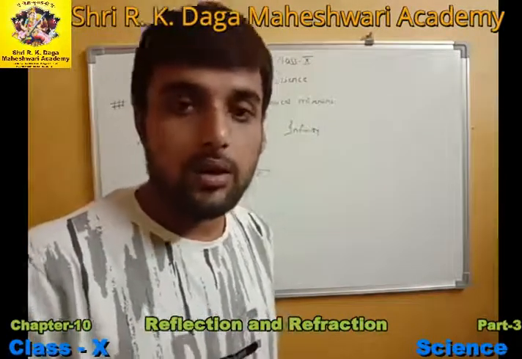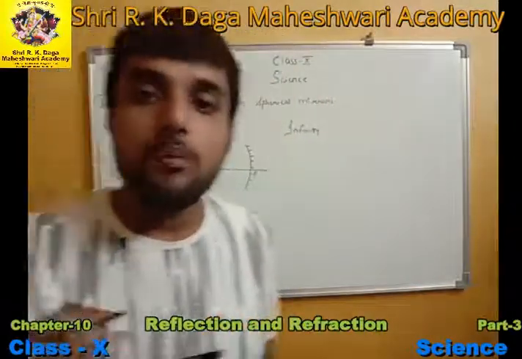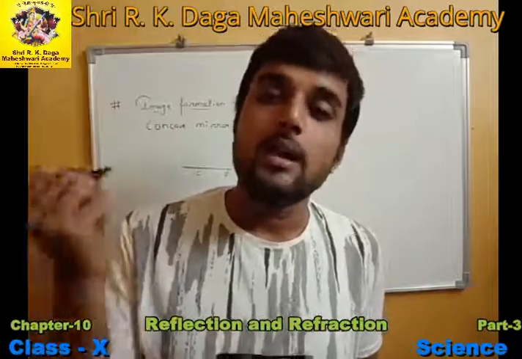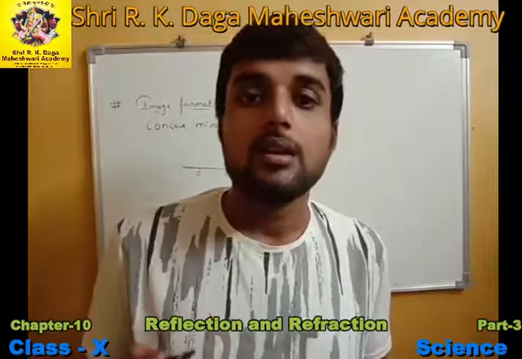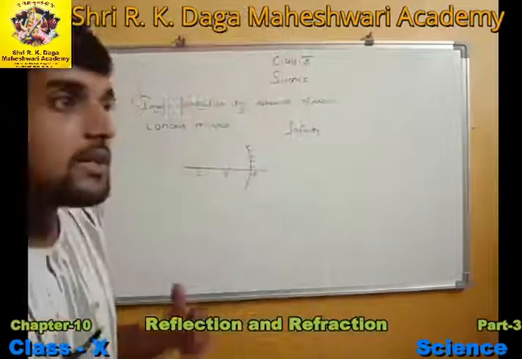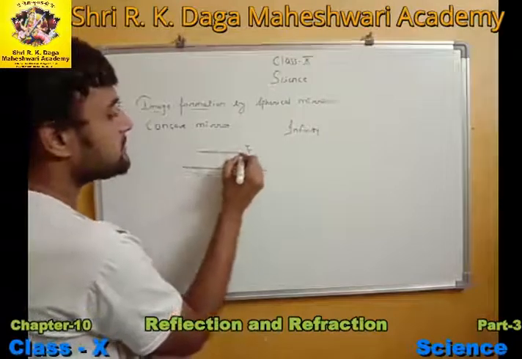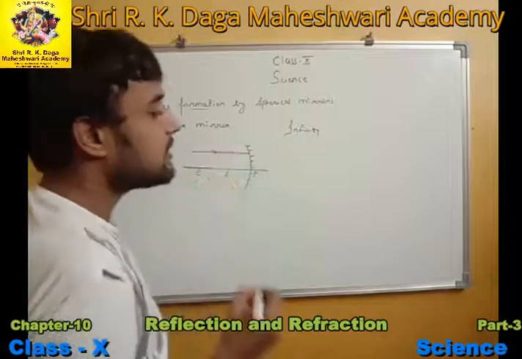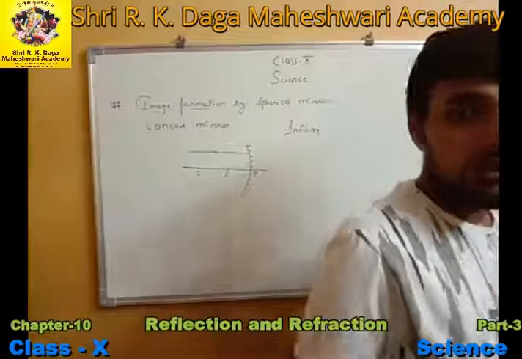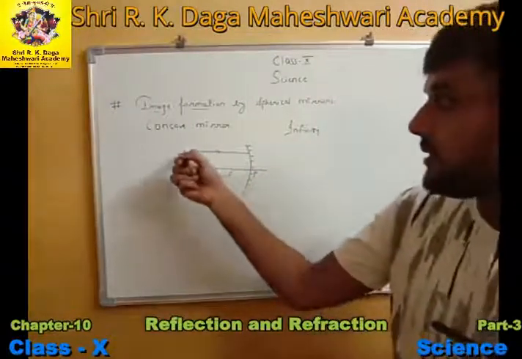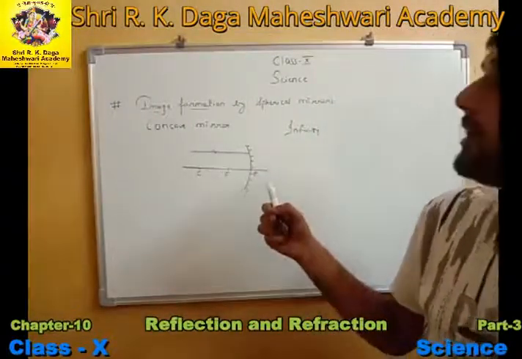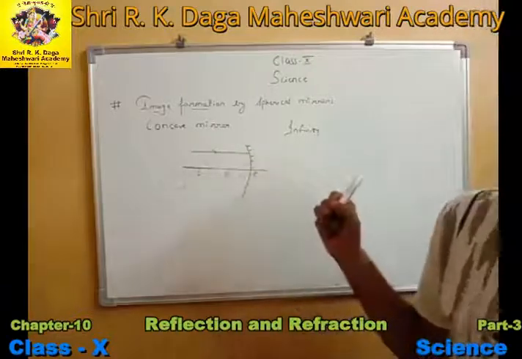One thing that you already know is that whenever the object is at infinity, the light rays coming from it will be parallel to the principal axis, right? So let us consider a light ray which is coming from infinity and is parallel to the principal axis.